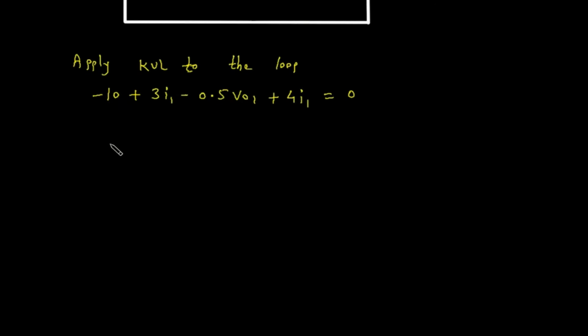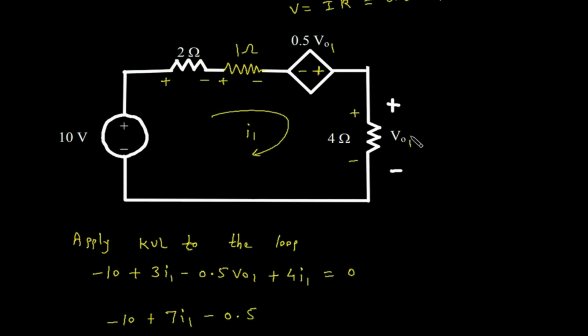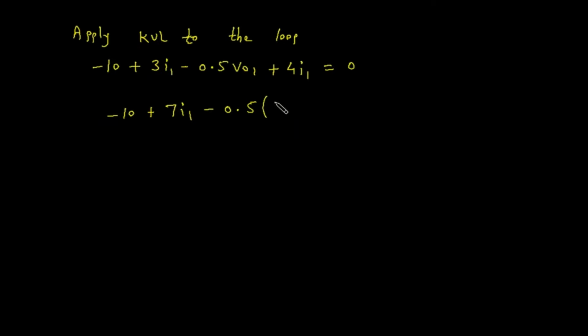Now this will be minus 10 plus 7 I1 minus 0.5 VO1. Now this VO1 is 4 into I1. So we will write 4 into I1 is equal to 0.